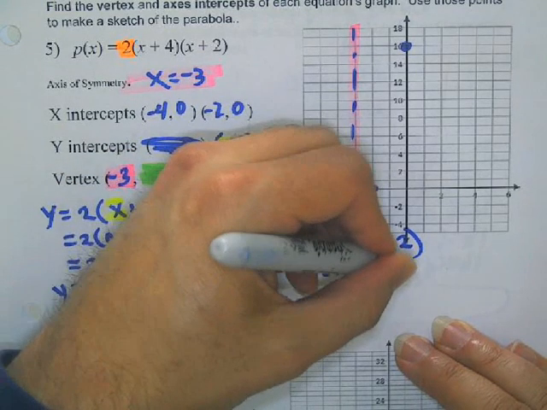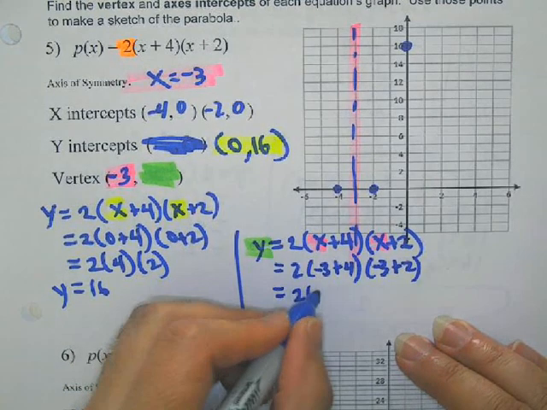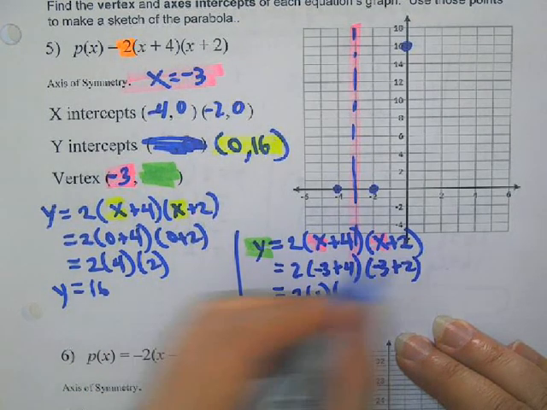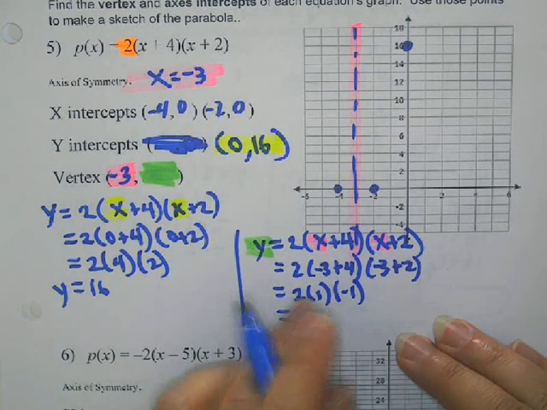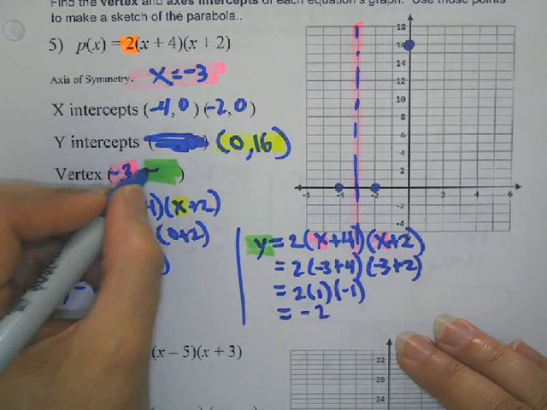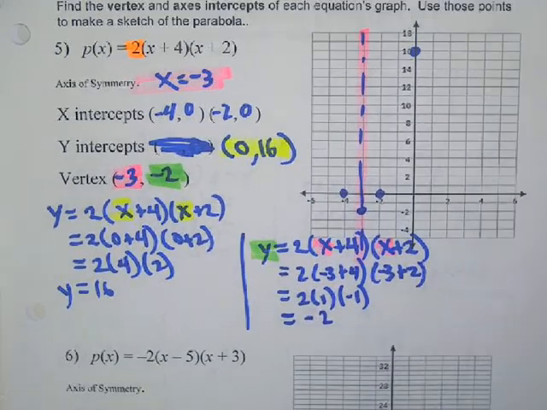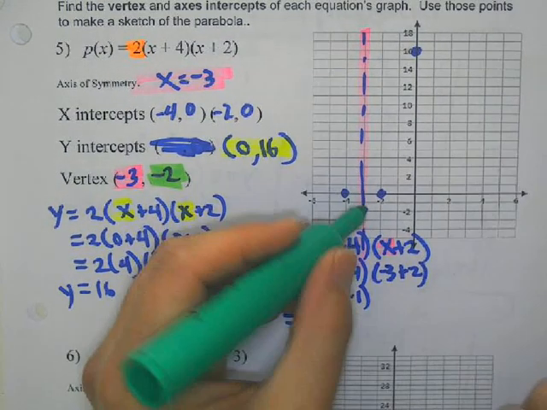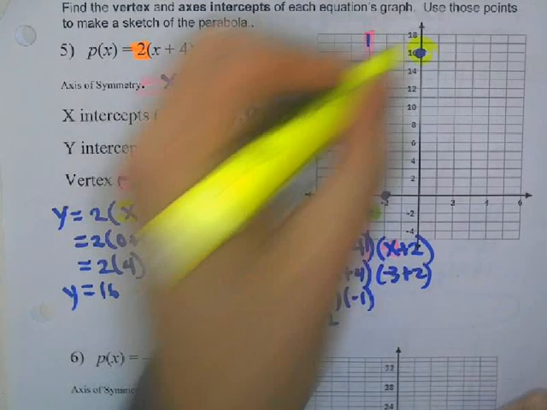And then we get 2 times 1 times negative 1, and then we're going to get negative 2. So right there. Okay, so now I've got all my points that I need. So that's this one here. Y-intercept, I'm going to color yellow. And let's connect our dots.